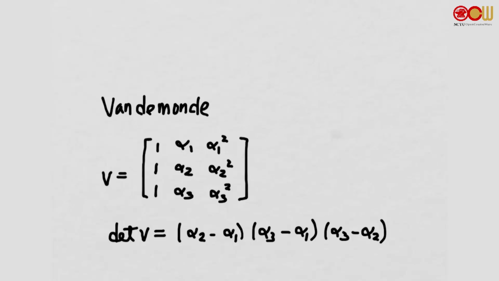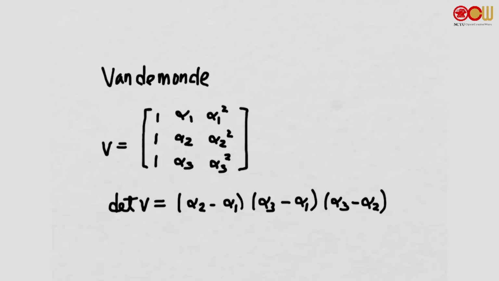It's an invertible matrix if all these alphas are distinct. The determinant is non-zero, and V is invertible if alpha 1, alpha 2 and alpha 3 are distinct.